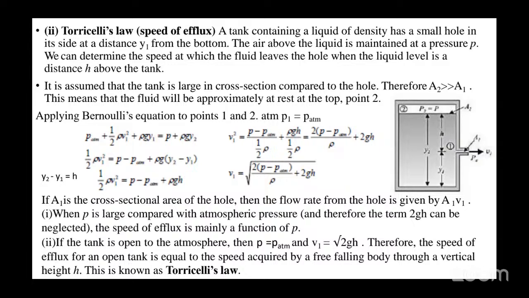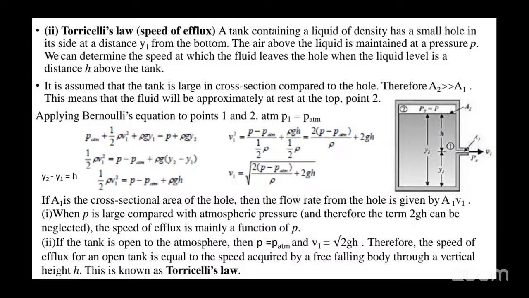So P minus P atmosphere becomes P atmosphere minus P atmosphere. Since they are the same, that gives us 0 in that term, and our equation becomes v equal to the square root of 2gh.